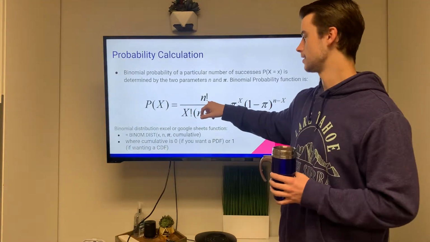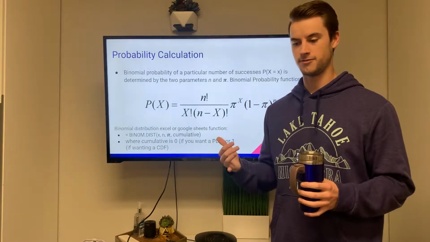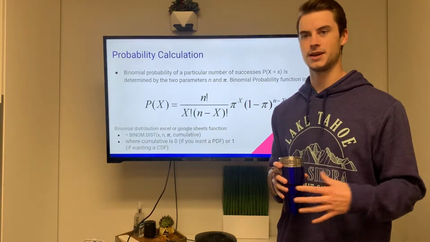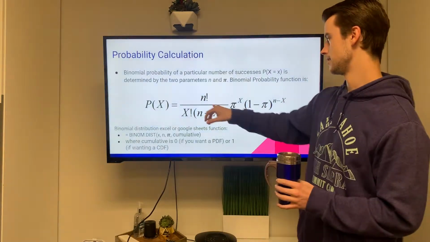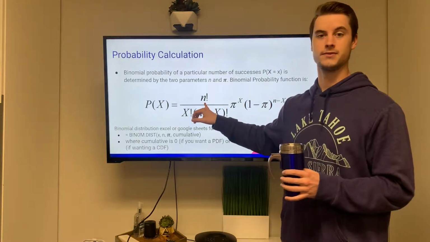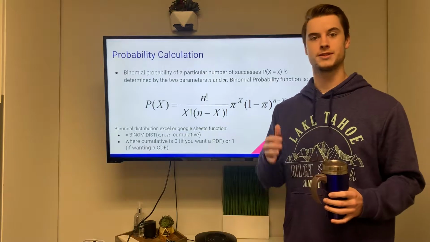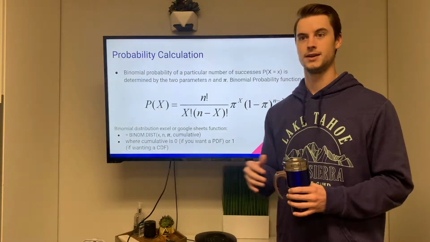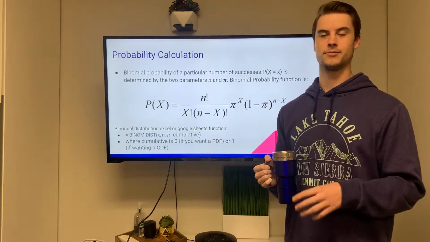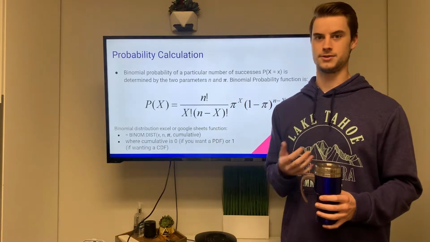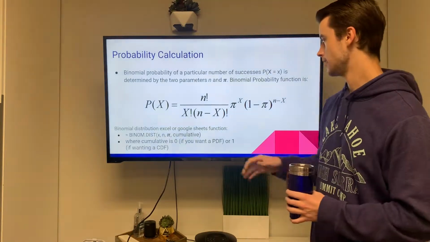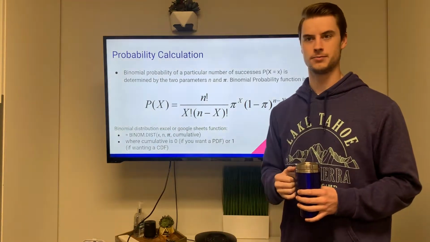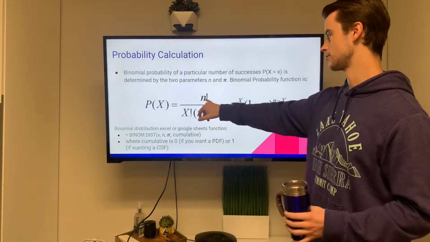N exclamation point just means n factorial. Let's say I completed the experiment 7 times. 7 factorial is 7 times 6 times 5 times 4 times 3 times 2 times 1. Not times 0, because anything times 0 is 0. So n factorial is just the progression of numbers down to 1.